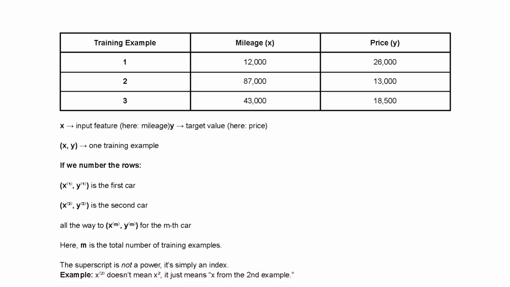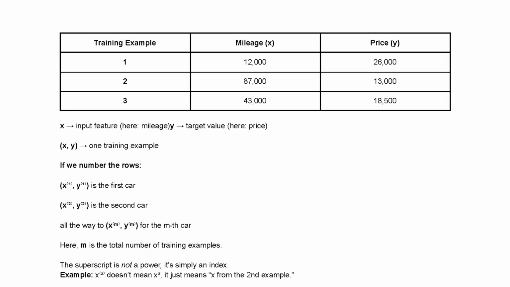If we number the rows, (x^(1), y^(1)) is the first car, (x^(2), y^(2)) is the second car, all the way to (x^(m), y^(m)) for the mth car. Here, m denotes the total number of training examples. The superscript is not a power.